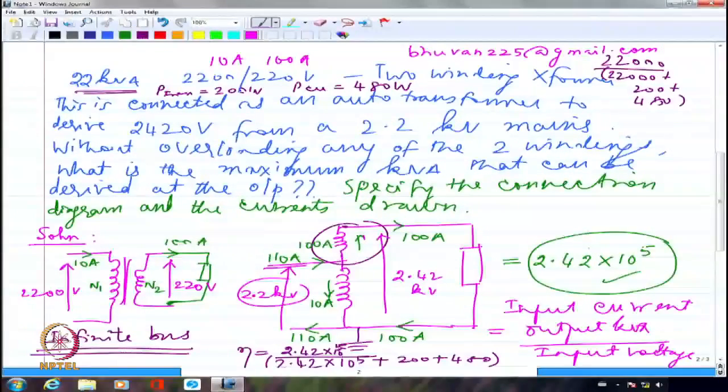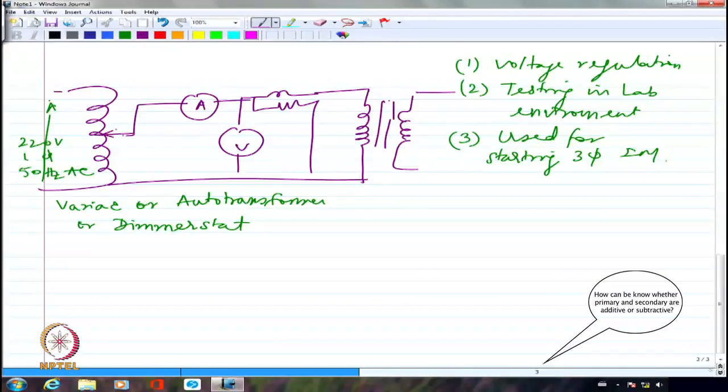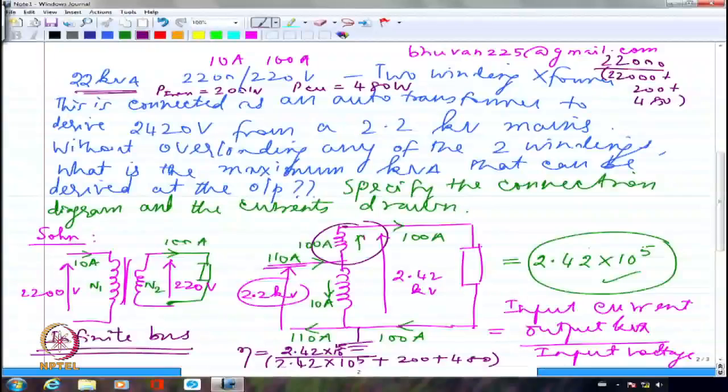Now we will try to work out one problem. It is very clearly given in the problem that we wanted to derive 2420 volts from 2200 volts.